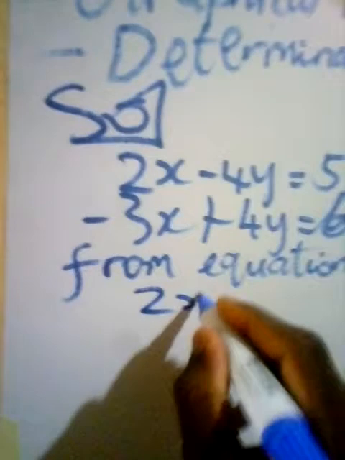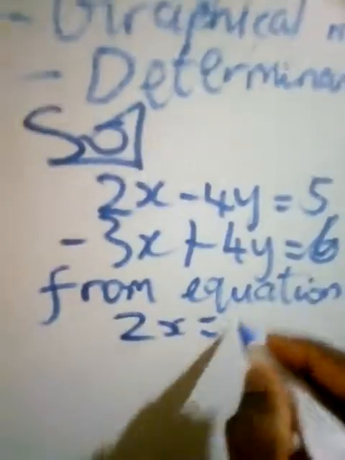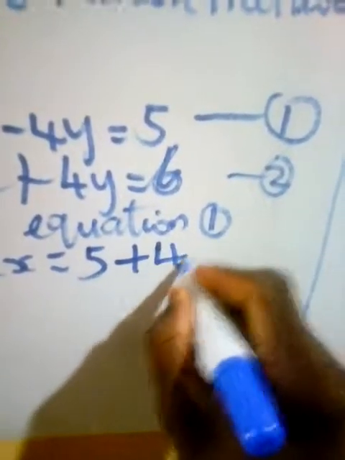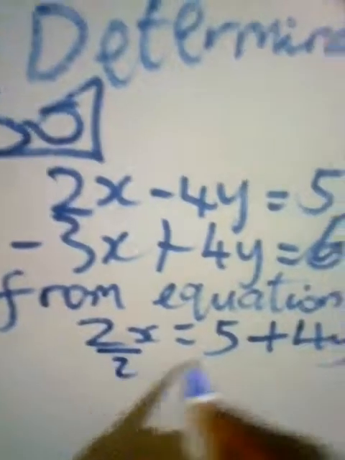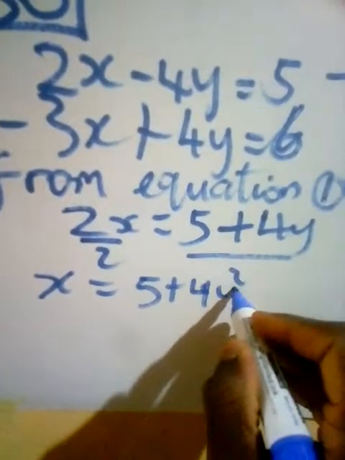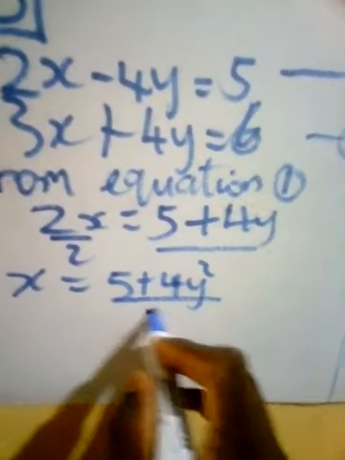So this gives me 2x is equal to 5. Then I add 4y to both sides. This gives me 5 plus 4y, and I divide both sides by 2. So my x here is equal to 5 plus 4y divided by 2.